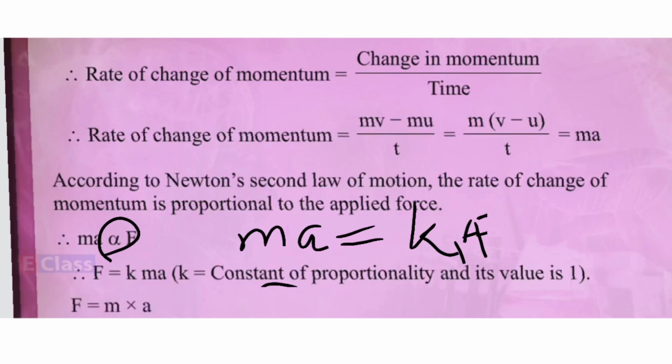When the mass of the object is 1 kg and it produces an acceleration of 1 meter per second square, then we say that 1 Newton force is applied. So ultimately the value of k comes out to be 1.